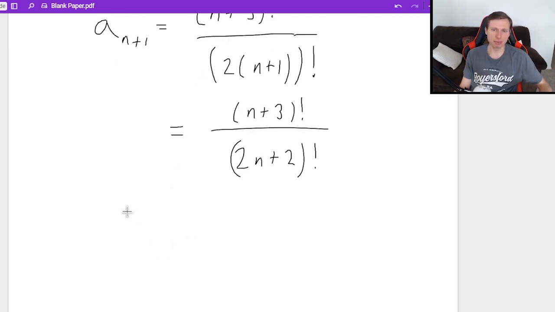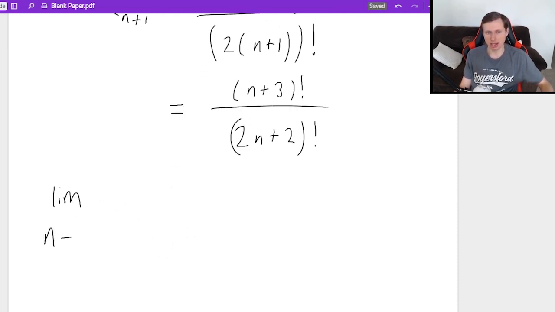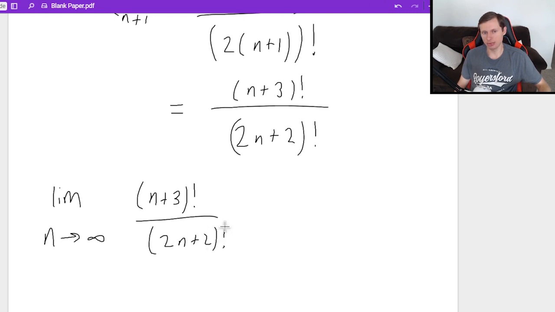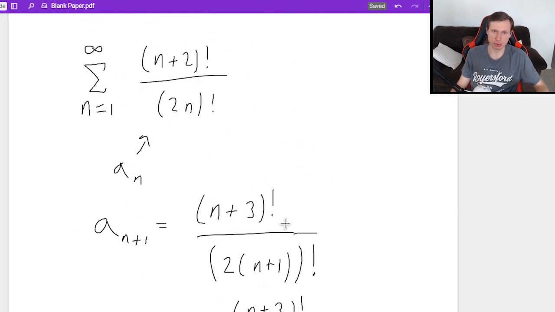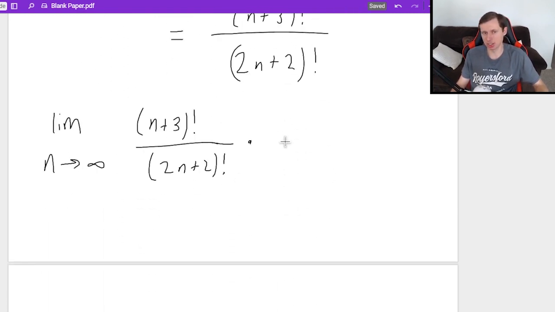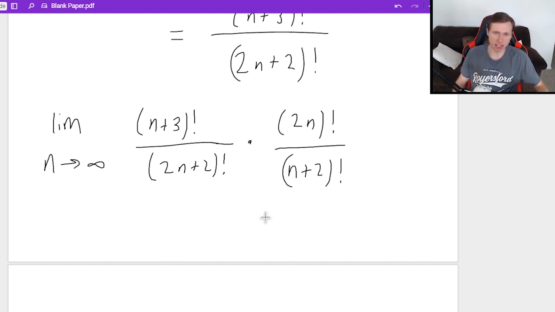So now, once again, I'm going to put the limit as n goes to infinity of a sub n plus 1, which is n plus 3 factorial over quantity 2n plus 2 factorial, and that is multiplied by the reciprocal of the original, because again, you can multiply by the reciprocal for complex fractions. And you're going to get 2n factorial over n plus 2 factorial, just like that.